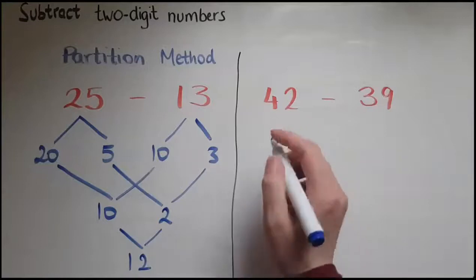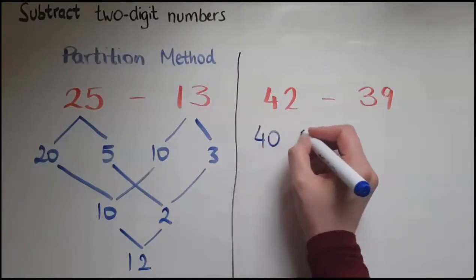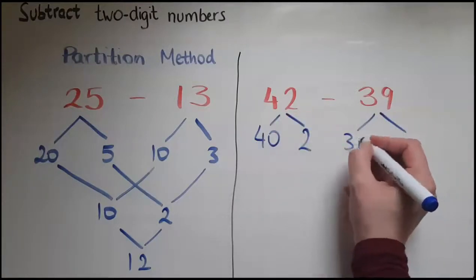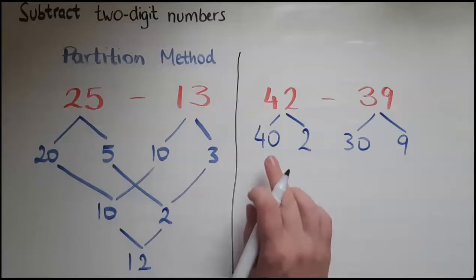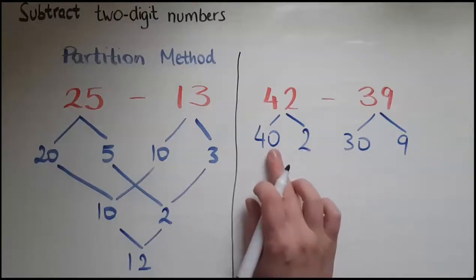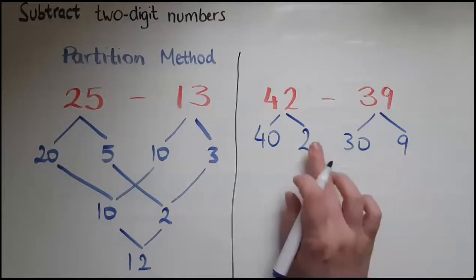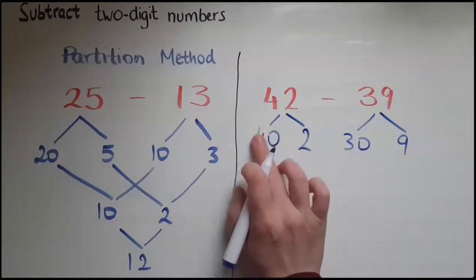Now I've got 42, which I'll split into 40 and 2, and 39 into 30 and 9. Now, if I take away 30 from the 40, that leaves me with 10, but I can't take away 9 from the 2. So I'm going to have to change this slightly.